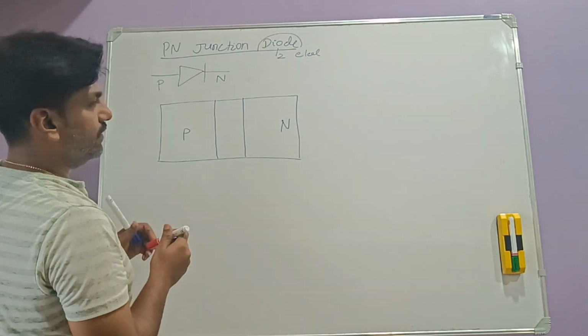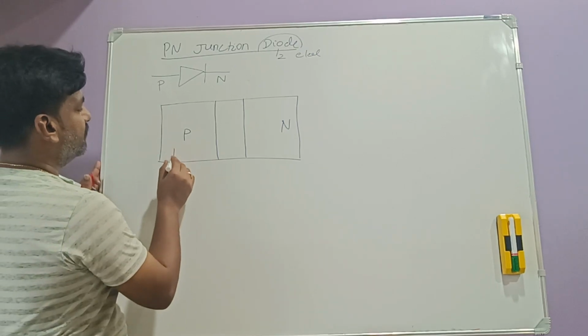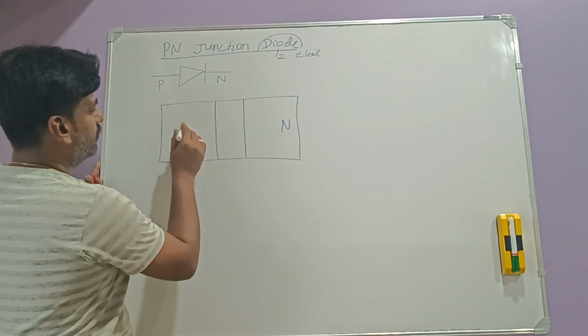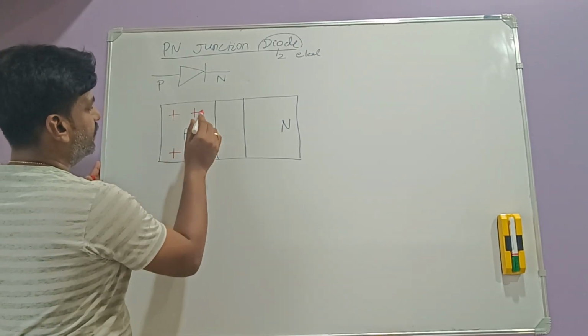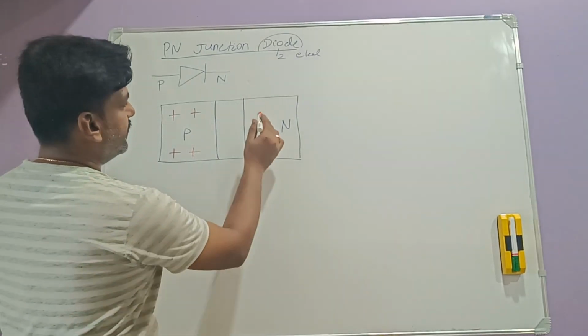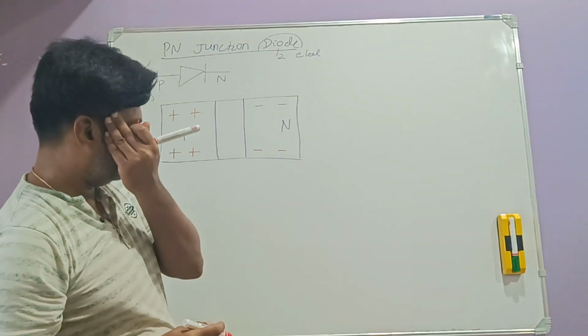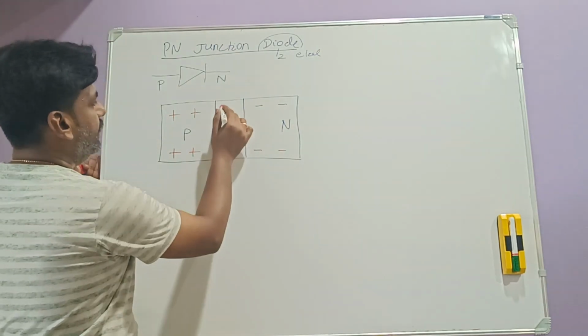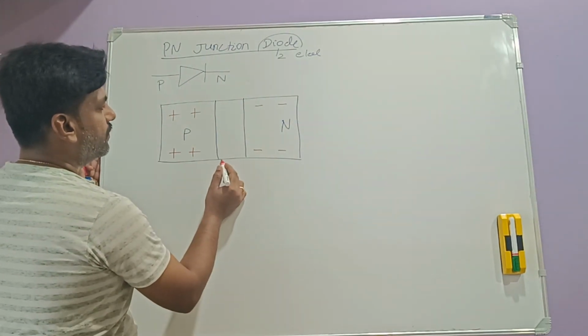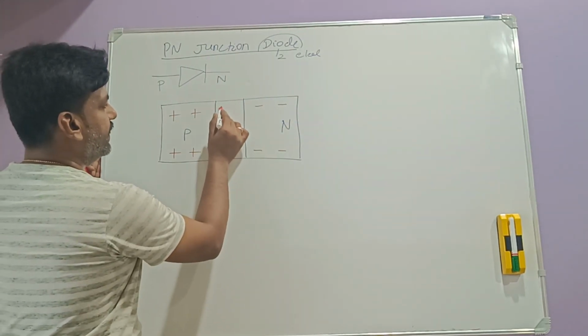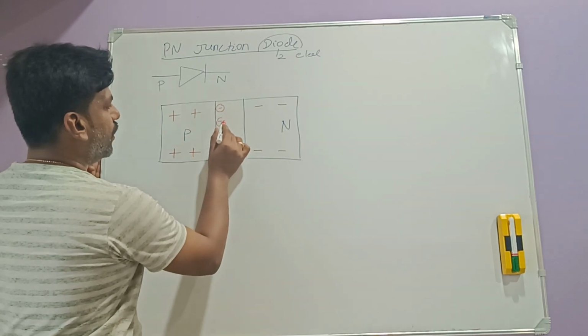In the P side, we know that the majority charge carriers are holes, so I will draw these holes. And in the N side, the majority charge carriers are electrons. Right? And here, this is the junction part. In the P side, the negative ions are accumulated.